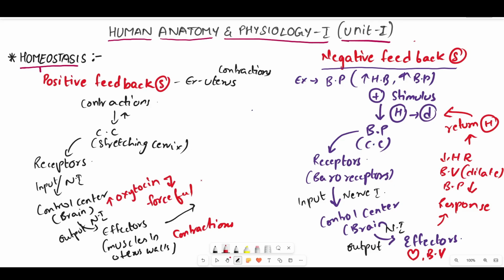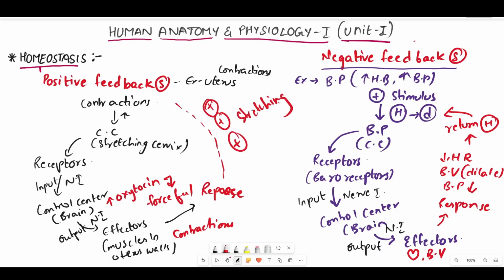So due to these forceful contractions, we will be getting the response. Now that response is stretching of the cervix, so that the baby comes out. So thereby this will be allowing more stimulus. That means the stretching increases.